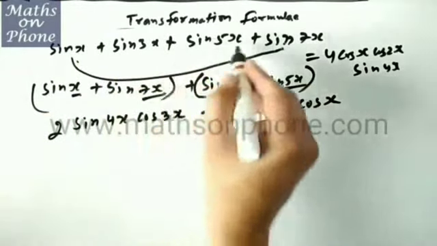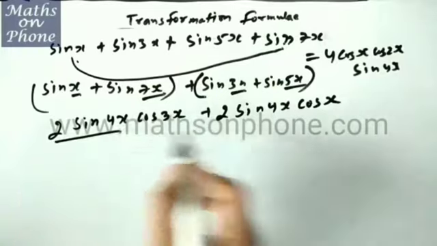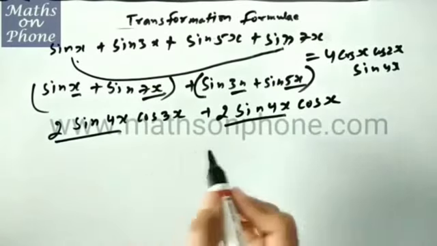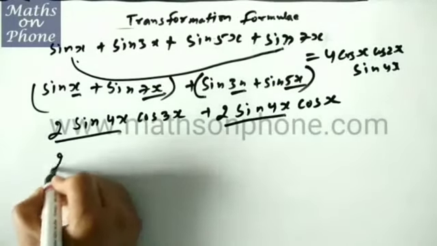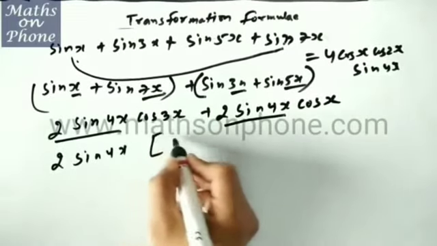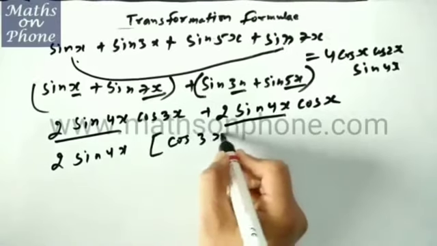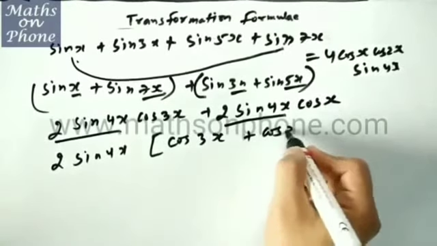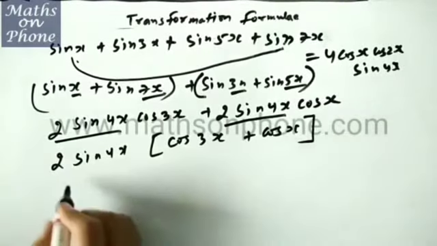Now you just see the advantage of pairing. I paired this and this, this and this. This is giving us one thing common. So we will get the movement further. If I take 2 sin 4x common, I am left with cos 3x plus cos x. So further application is possible now.